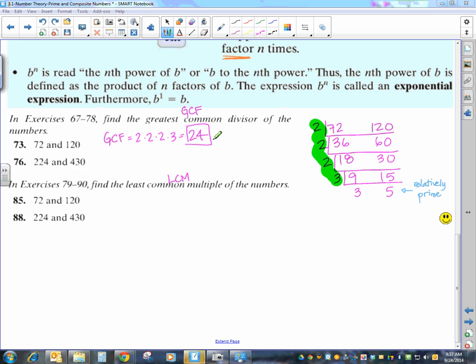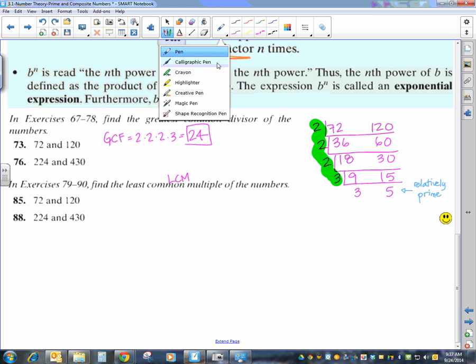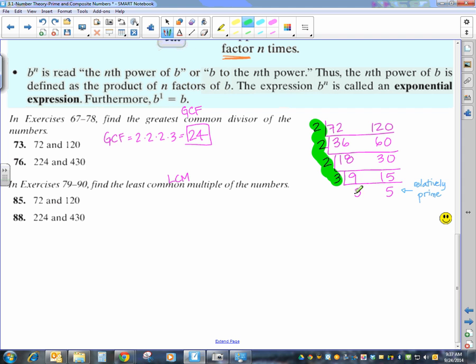So we found the GCF by multiplying all those numbers on the outside, and the numbers that you have left, it doesn't matter if they're prime or not. The fact that they have nothing in common means that's what goes along with our greatest common factor and least common multiple.